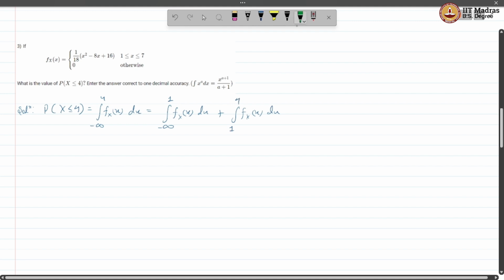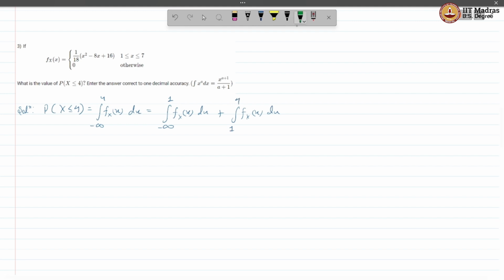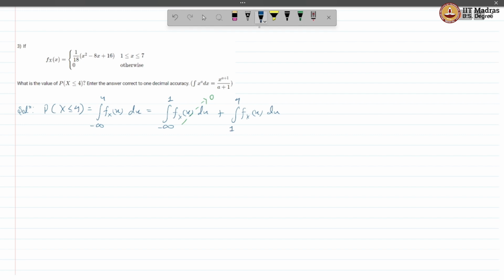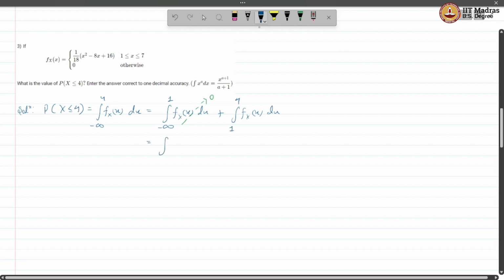And as for x less than 1, the PDF defined is equal to 0, so this will be equal to 0. So the probability is equal to integration of the PDF with respect to x from 1 to 4.